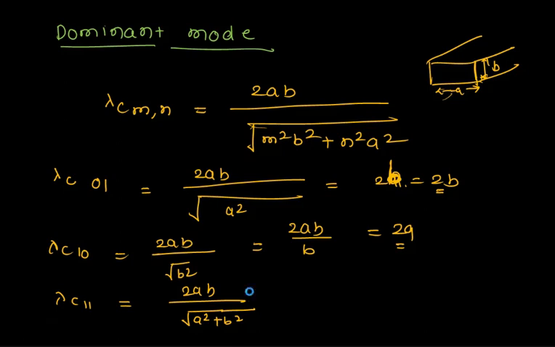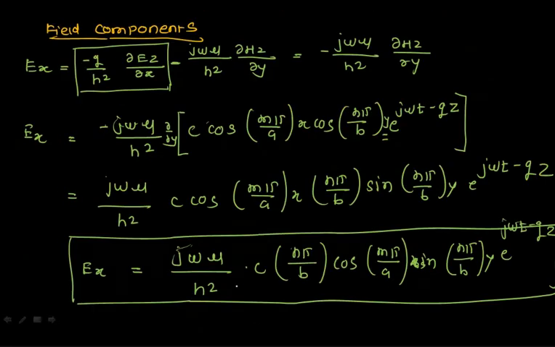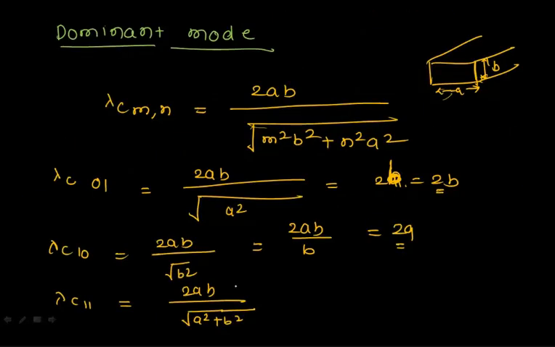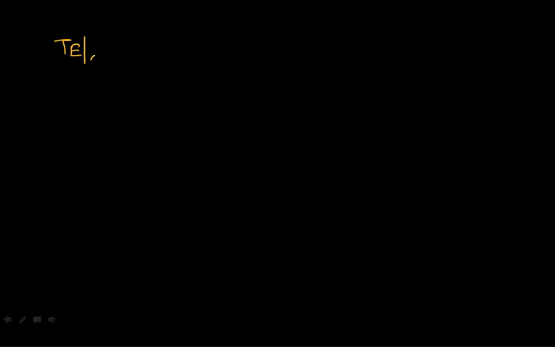So by investigating these things, I can say my lambda c10, or TE10, has the maximum value. And that's why in the TE mode, TE10 is the dominant mode.